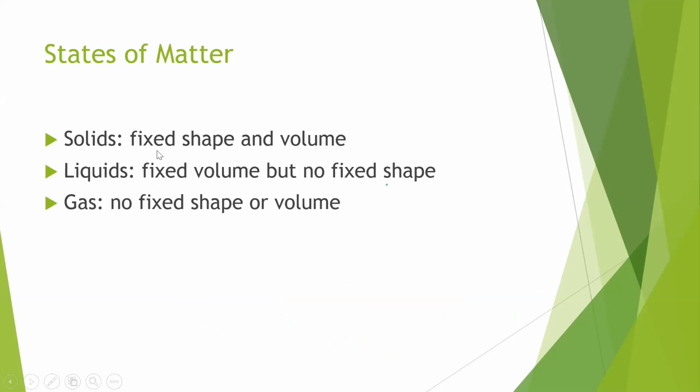Solids have fixed shape and volume, so they don't change their volume or shape, and they're the most common items we see, like iPhones or anything we touch, like computers and books. Liquids have fixed volume, but not fixed shape. That means they take the shape of the container, like water and beverages. And gases have no fixed shape or volume, so they just fill up the whole entire room.